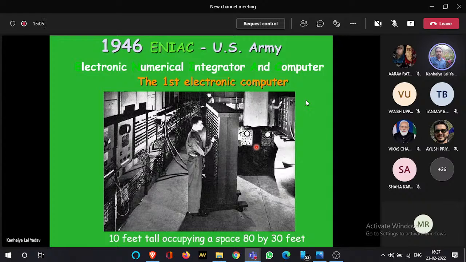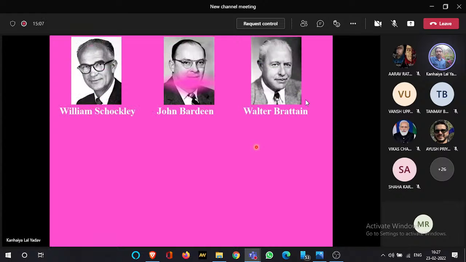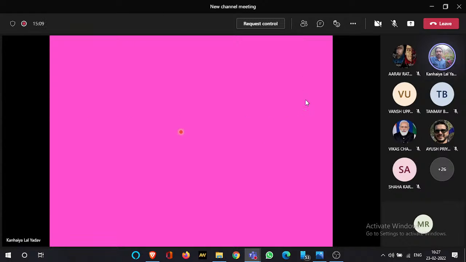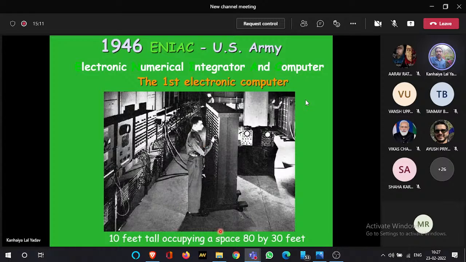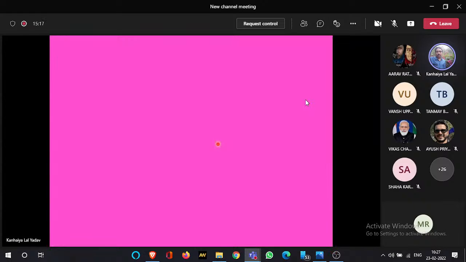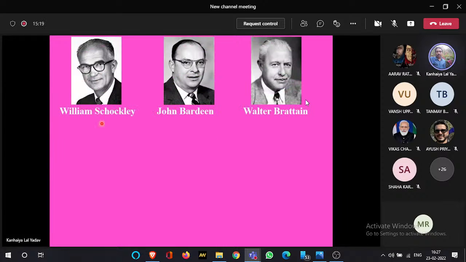But you can compare with today's computer. So this size, 10 feet tall, occupying this much space, was in the beginning. Now this William Shockley, John Bardeen, Walter Brattain, how are they connected when we are talking about nanotechnology? Any idea about these 3 persons together?